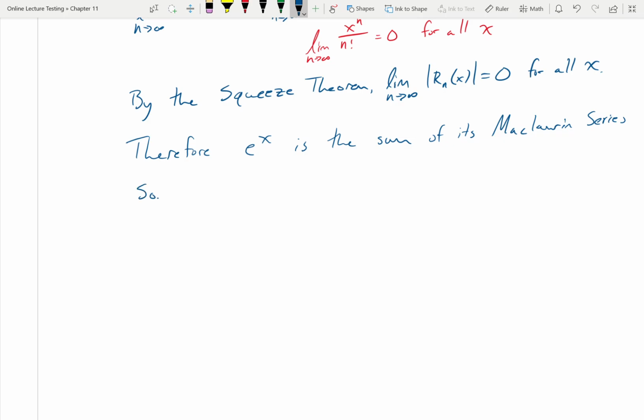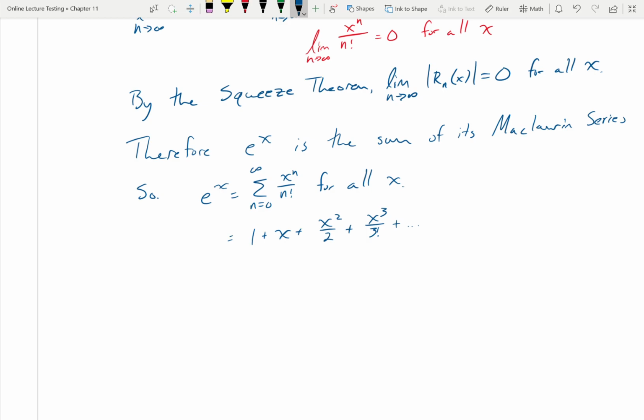So, e to the x is equal to the series as n goes from 0 to infinity of x to the n over n factorial for all x, meaning it's equal to 1 plus x plus x squared over 2 plus x cubed over 3 factorial plus so on.